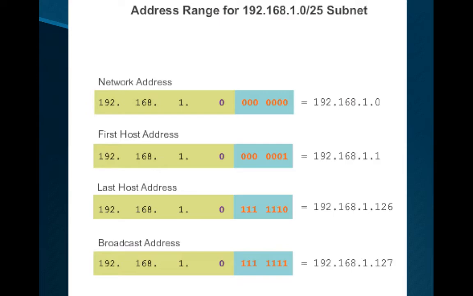And the broadcast address will be when all of the bits in the host portion of the address are 1. This means that the last address will always be the broadcast address, and the first address will always be the network address.